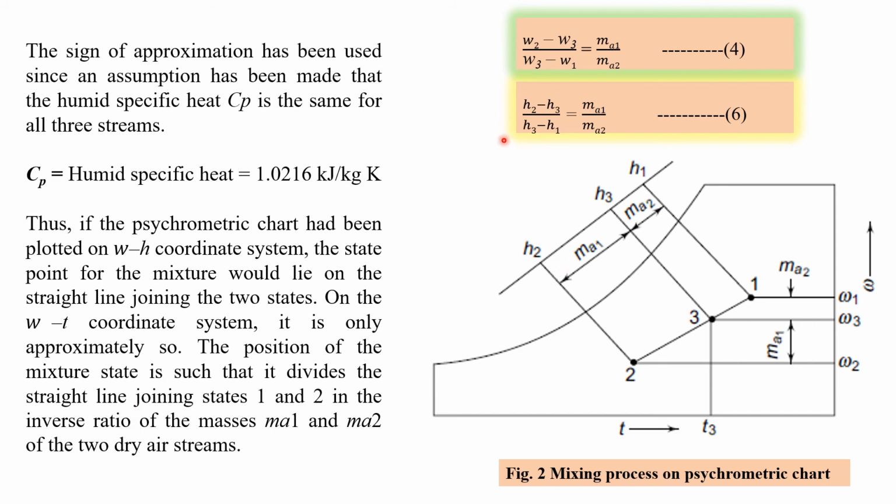So it is important to note from these two equations, equation number 4 and equation number 6, that the psychrometric state of the first air stream, the psychrometric state of the second air stream, and the final mixture's psychrometric state, all these three psychrometric states lie on the same straight line, and ultimately the distances 1-3 and 2-3 divide this whole line in the inverse ratio of the masses, that is Ma1 and Ma2.